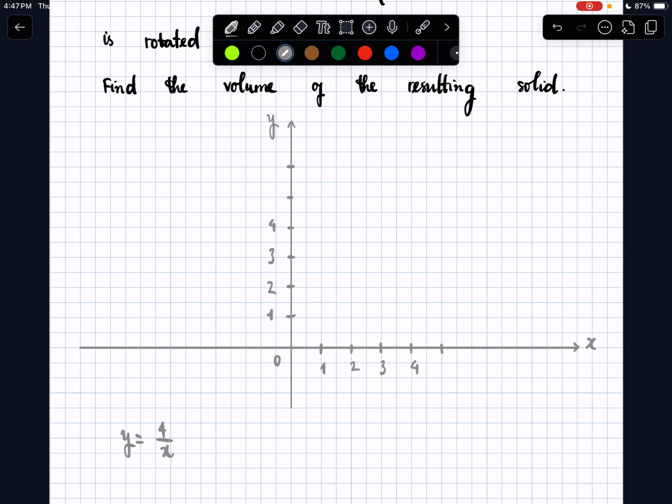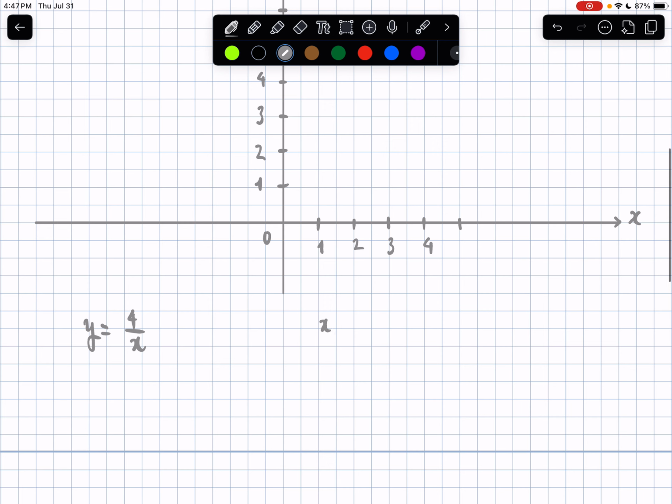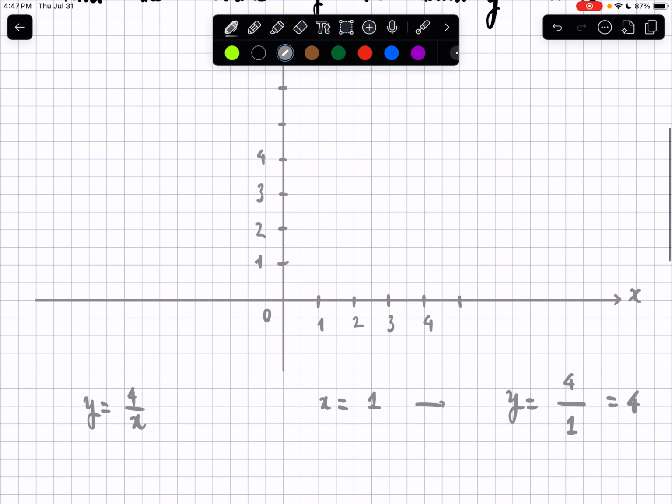Okay, so y equal to 4 divided by x. For x equal to, say, 1, y equal to 4 divided by 1, which is 4. So we know that the point x equal to 1, y equal to 4 is on that curve.